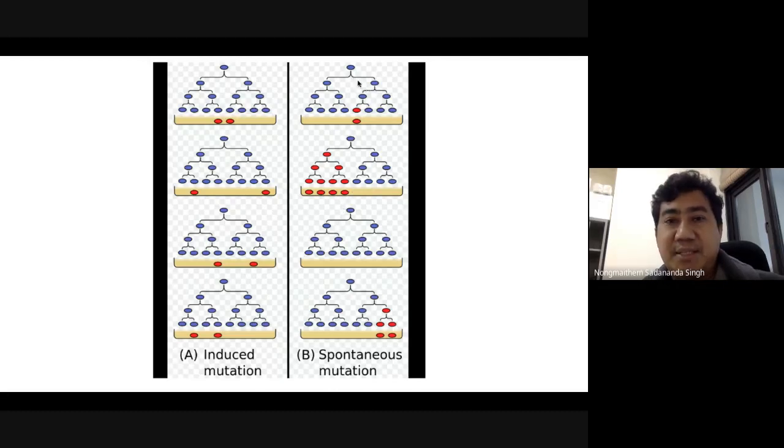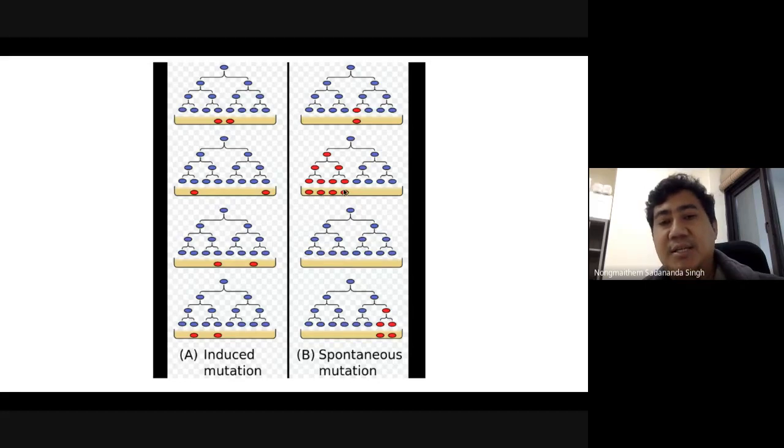The random mutation can happen at the first cell division, or the second cell division, or the third cell division. So there is a huge difference here, because if the mutation happens in the first cell division, one of the daughter cells is going to be a mutant, just as shown. If this is a mutant, then all its offspring are going to be resistant colonies.